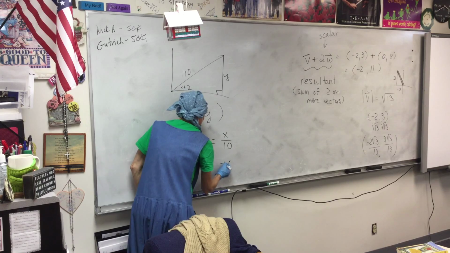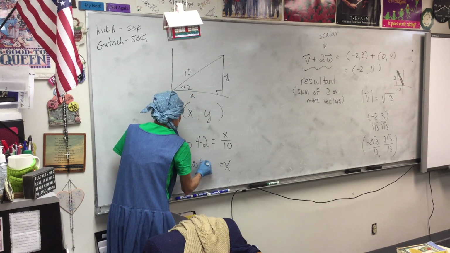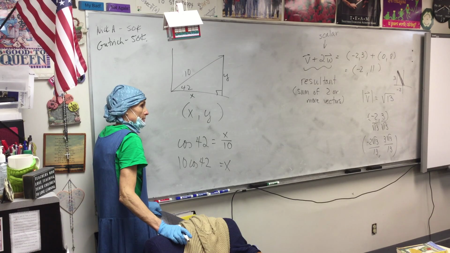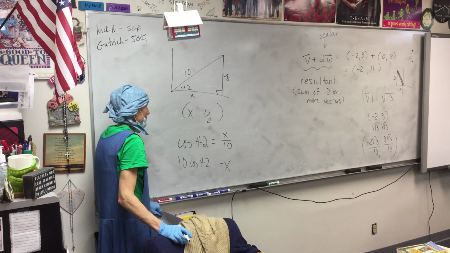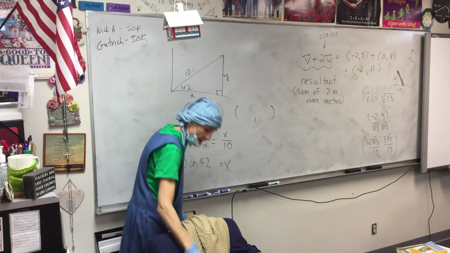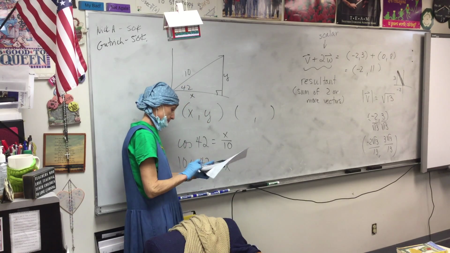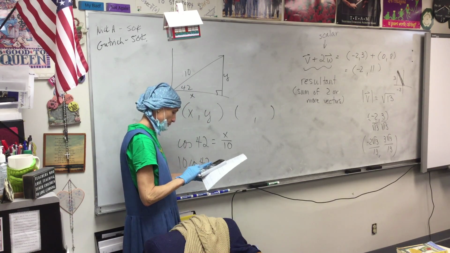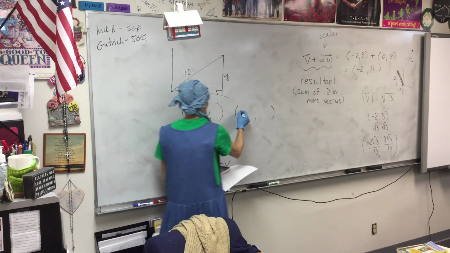So x equals 10 cosine 42. And I go to my calculator and I type that in, and it gives me the x coordinate of the answer. So 10 cosine 42, 7.43.